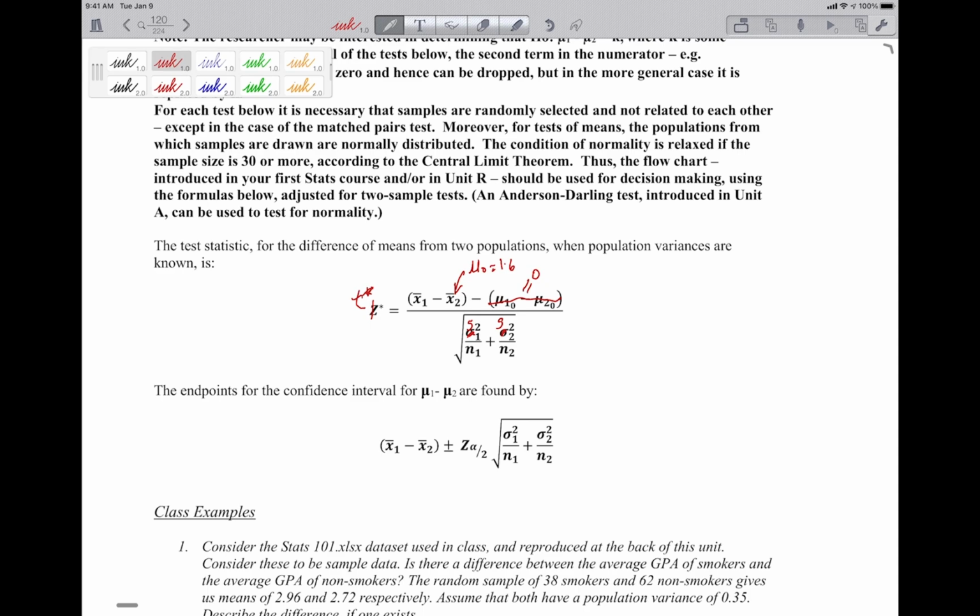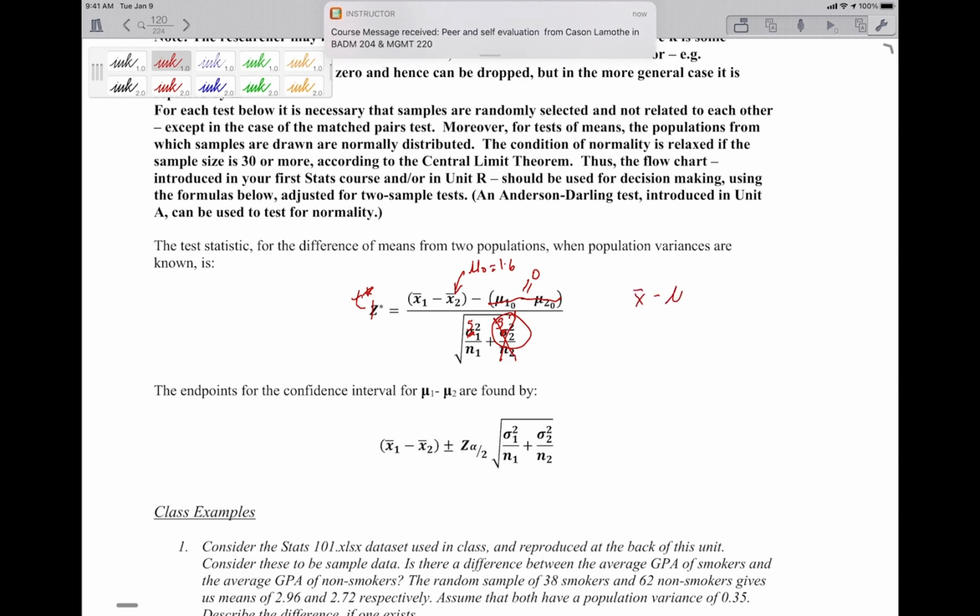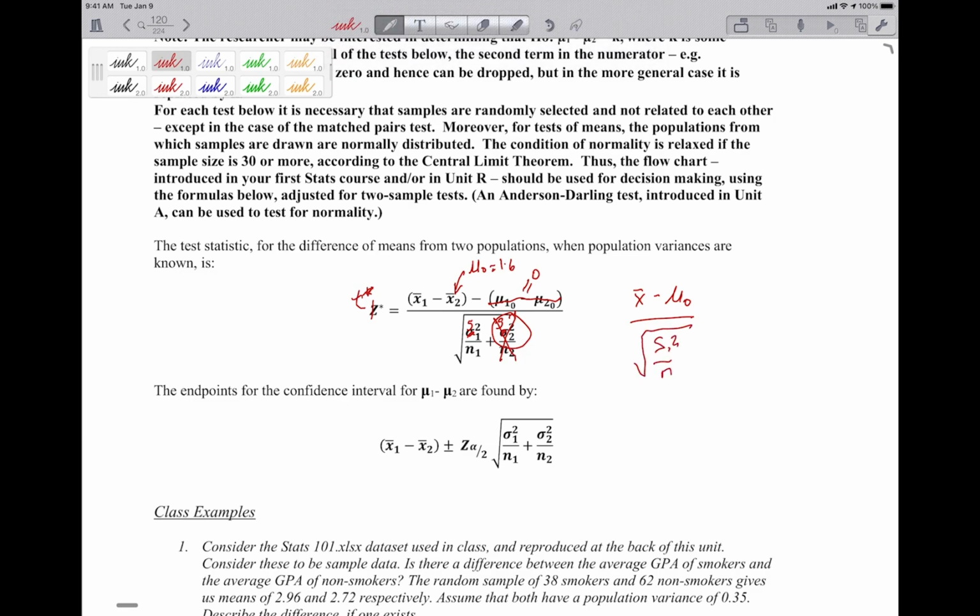Down here, what's the variance of two numbers which are the same? Well, the variance is equal to 0. And so what happens is that this term completely crosses out. And what you're left with is x bar minus now mu over the square root of S1 squared over N1, which is exactly our formula that we use for standardizing, right?